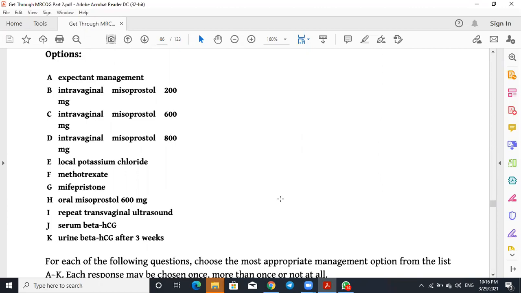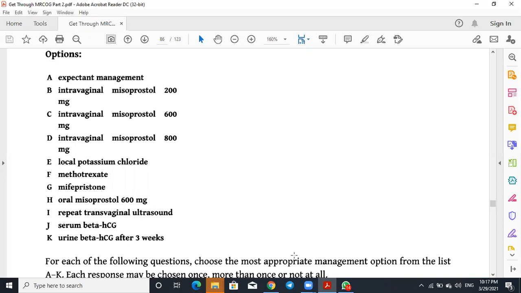It is supposed to be 600 for incomplete and 800 for missed, but we can give 800 to both.